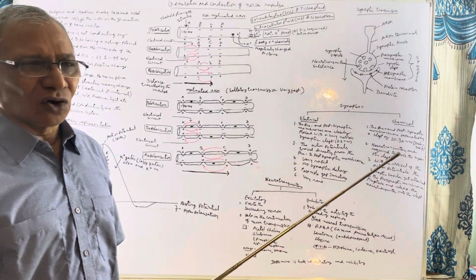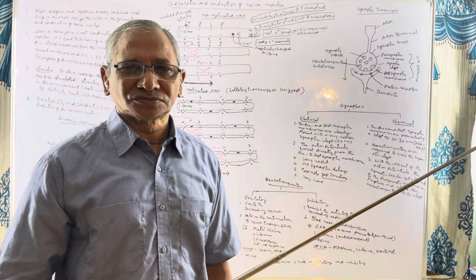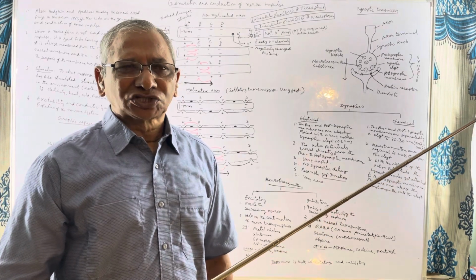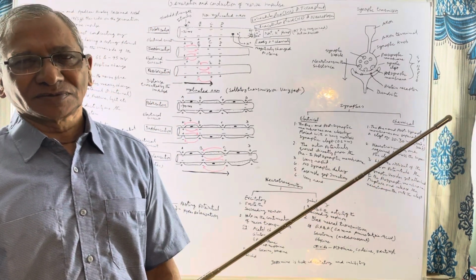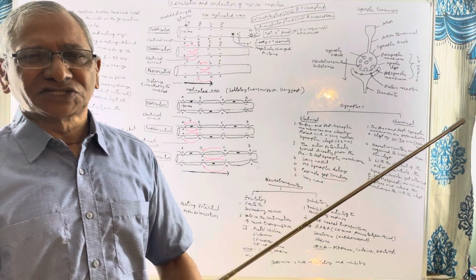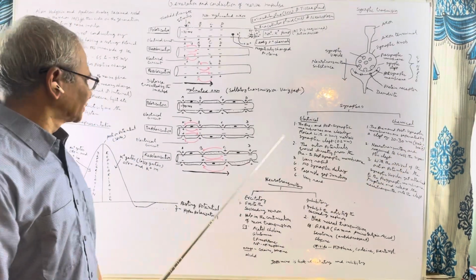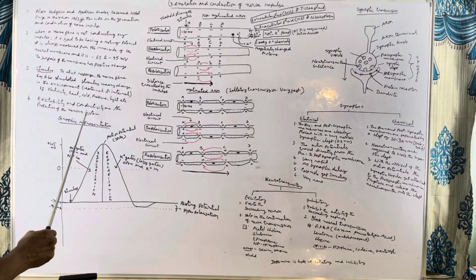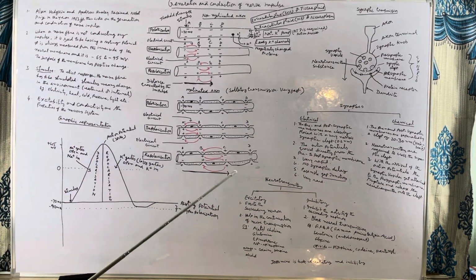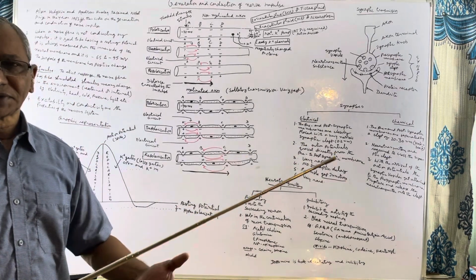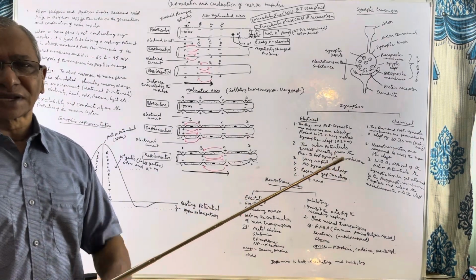Then, how do we stimulate a nerve? To stimulate a nerve, we have to apply a stimulus. You know what a stimulus is? Stimulus means a change in the environment. We have to bring out a change in the environment, which may be external or internal.